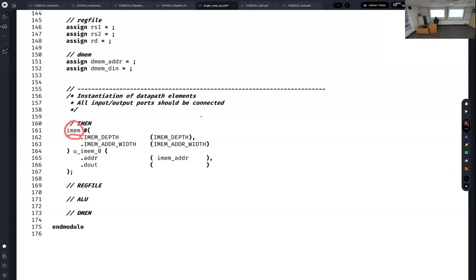These are parameters, and these are input and output ports. You can just connect some signals, like the IMEM underbar address, to the input port of the instruction memory.